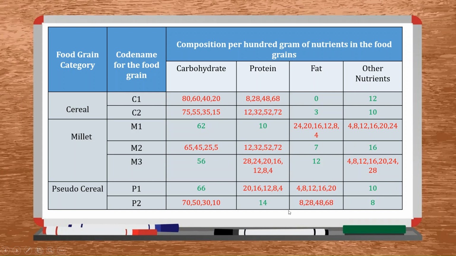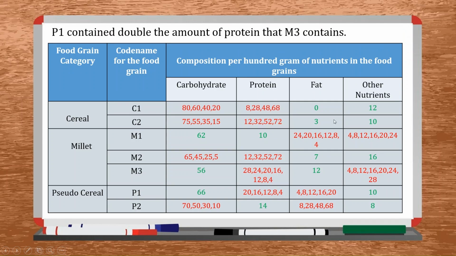all these food grains. The first point that we have is P1 contains double the amount of protein that M3 contains. So the possible values of protein in M3 range from 4 to 28, and for P1 it ranges from 4 to 20. Now let's try with 4 protein in M3. If we have 4 protein in M3, then we can have 8 in pseudo cereal since it's double in P1.